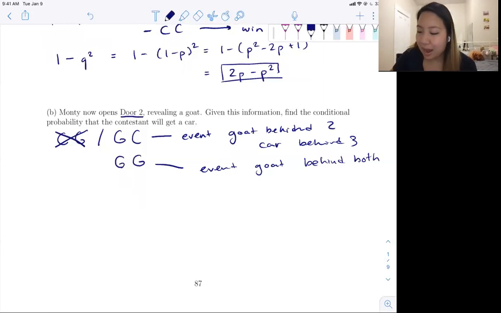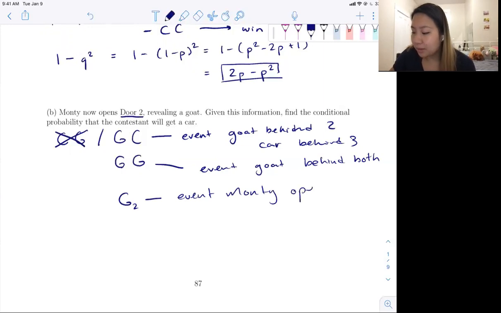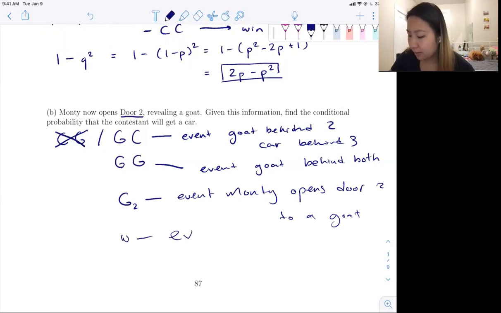And let's call G2 the event Monty opens door 2 to a goat. And then let's have W be the event we win.